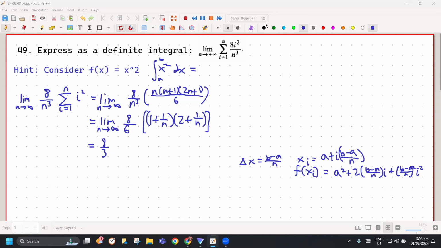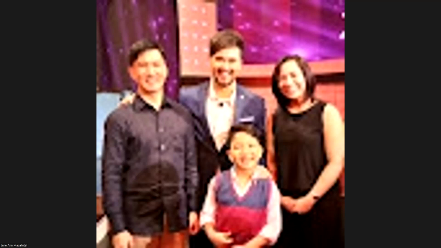Pwedeng stop sharing and then reshare. Black screen sa ngayon.